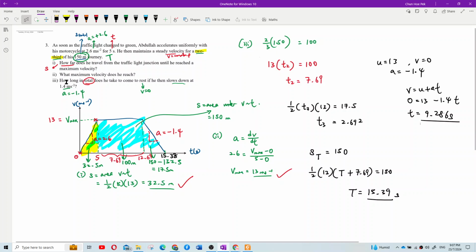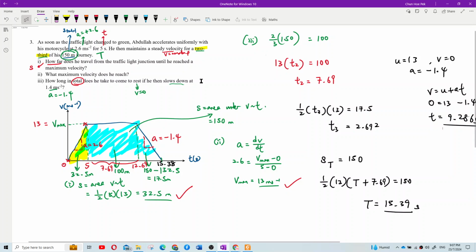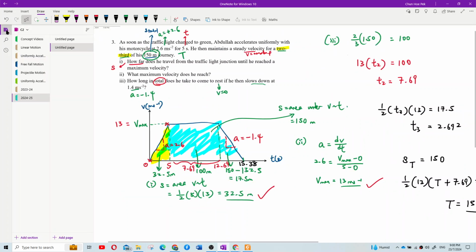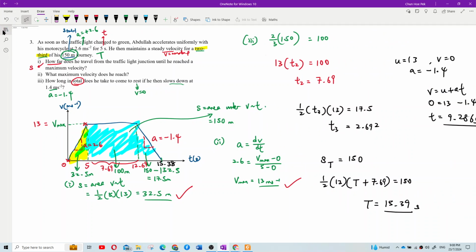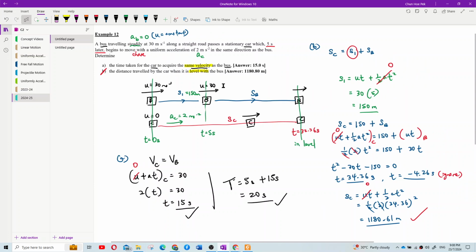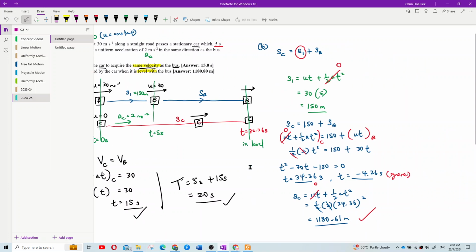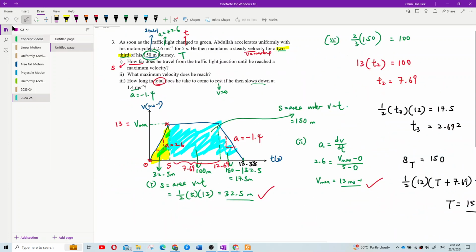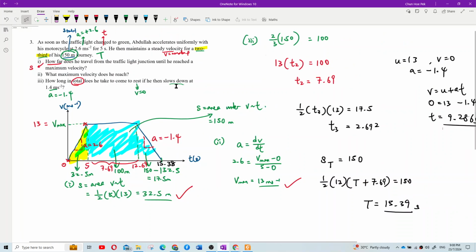Class, so I think time spent for these two questions. Okay, class, do you understand what we are discussing? So at least you got example 12. And this question, I think the last question got problems.